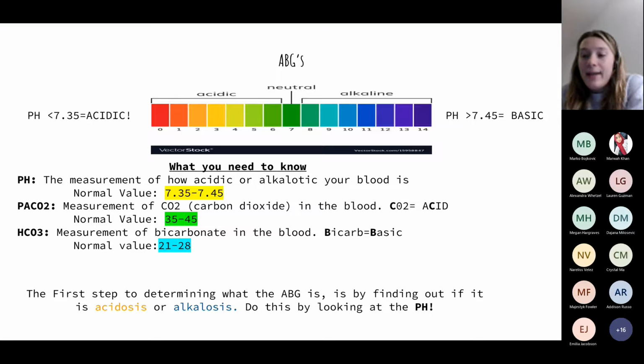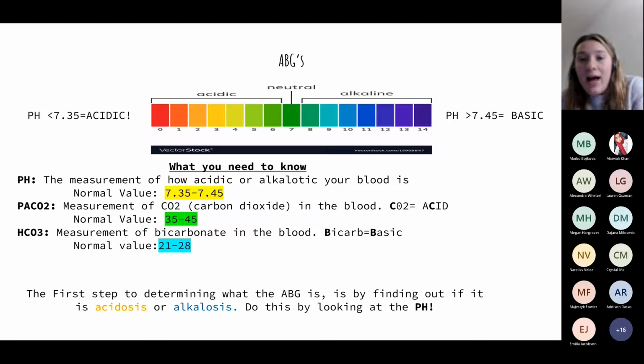So we really want a nice sweet spot. We want between 7.35 and 7.45. Keep in mind, this is the pH of the blood. The pH is going to differ for urine, etc., but we're talking about the blood. So our normal value is 7.35 to 7.45. Anything less than 7.35, we're going to call acidic.